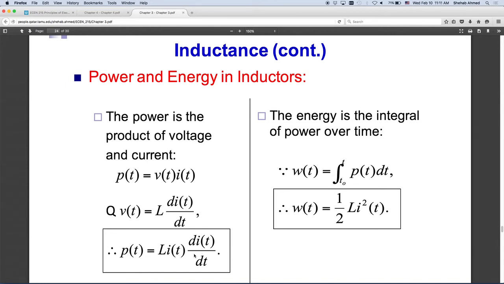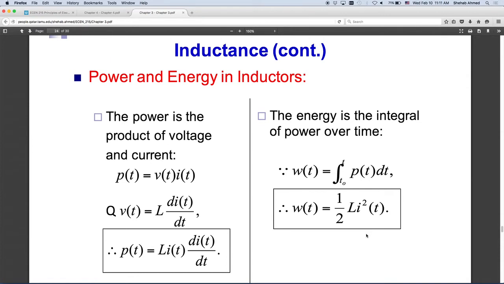I integrate both sides with respect to time. What do I get? Energy on one side. The integration of power with respect to time is energy. And then the integration of L i(t) di(t) will be half L i squared. So the energy stored in an inductor is equal to half L i squared.